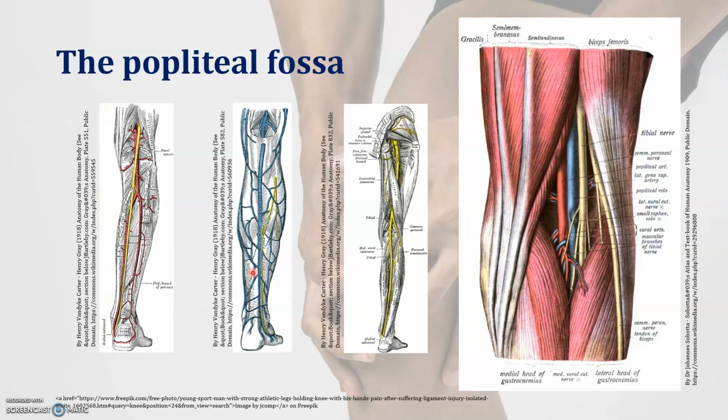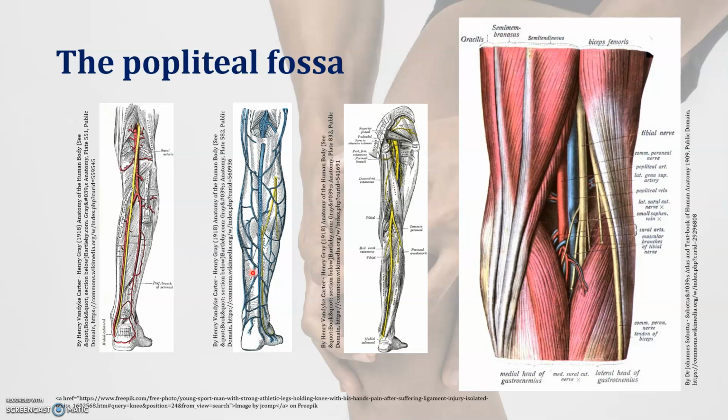If we look at the pictures on the right, we can talk about the important contents in more detail. So the popliteal artery is a continuation of the femoral artery into the popliteal fossa.